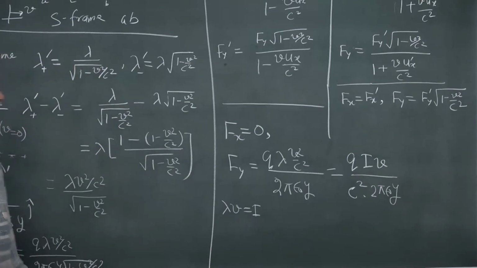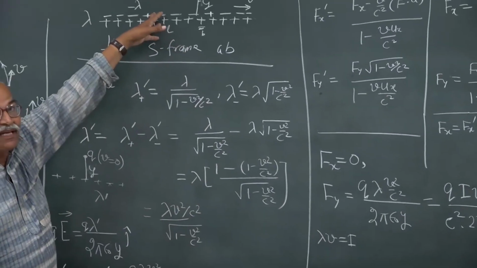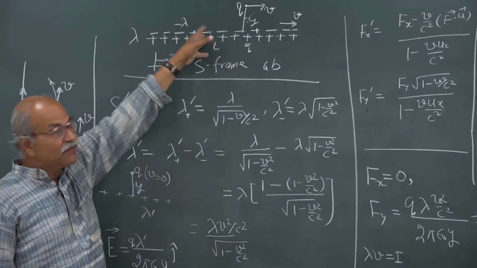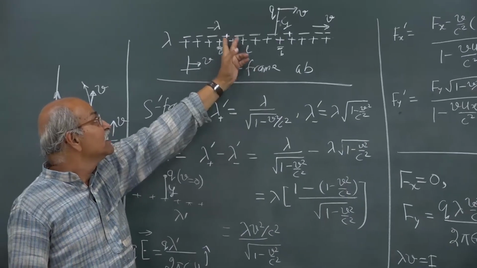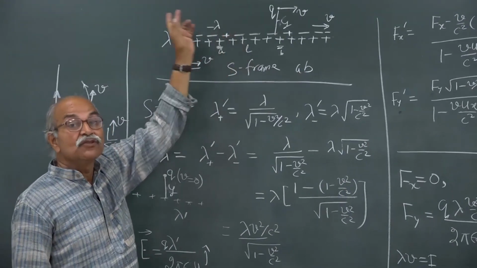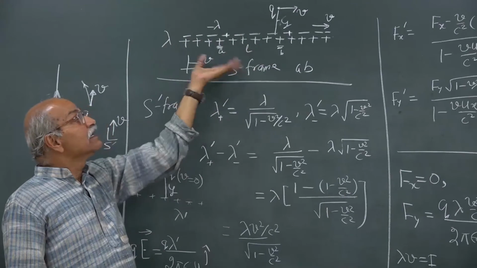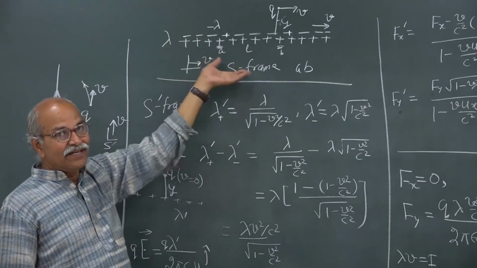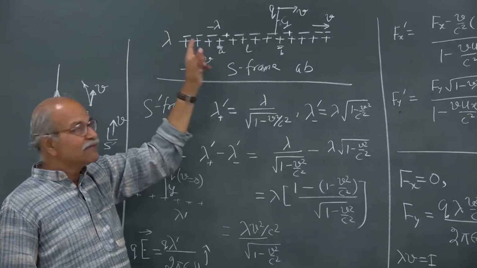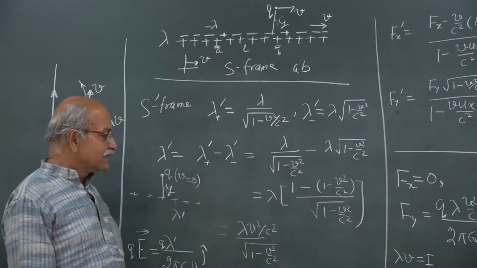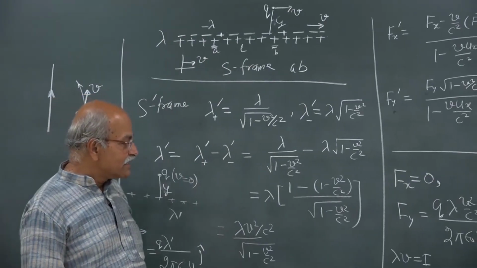Where I is now the current. You do not have linear charge density, but you do have current, because your positive charges are not moving, only the negative charges are moving. So, you have a current in negative x direction, since negative charge is going in positive x direction. So, that current I am writing here.